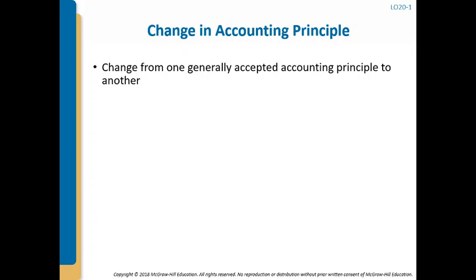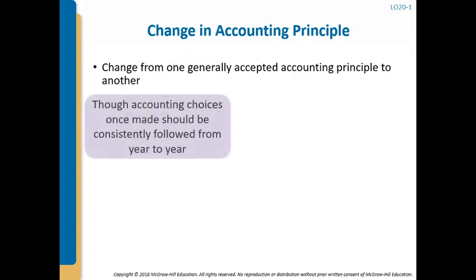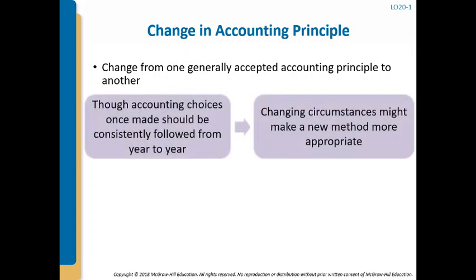All right, so let's talk about in more depth change in accounting principle. Again, you're changing from one GAAP to another GAAP. Remember that we're trying to be consistent here. The goal is to have consistency between years.